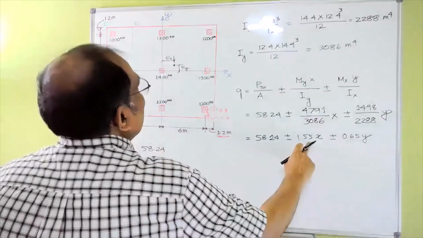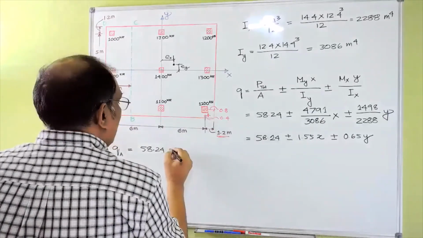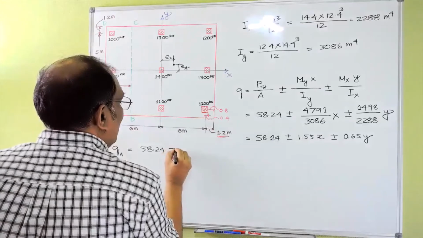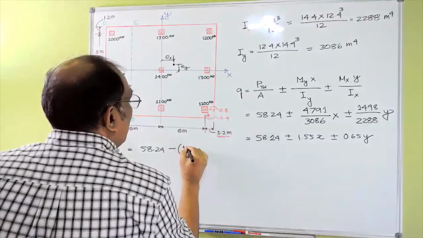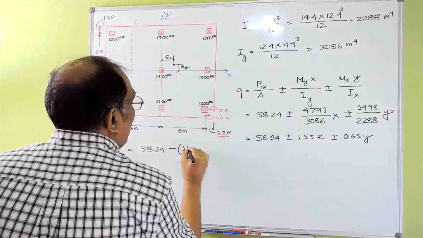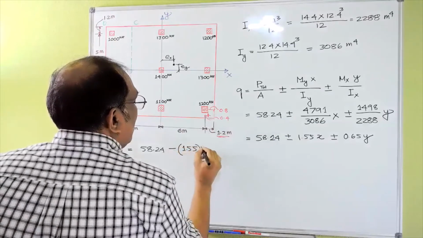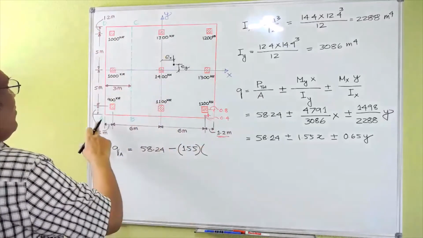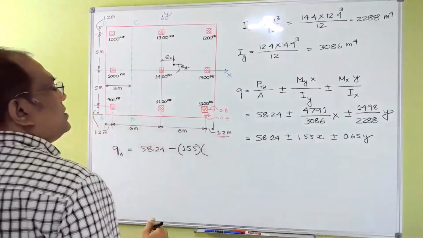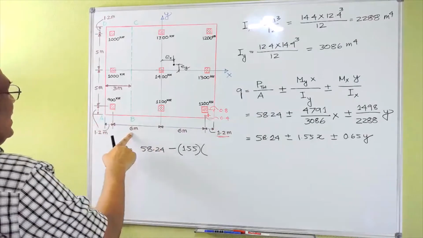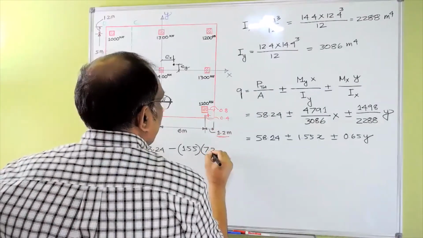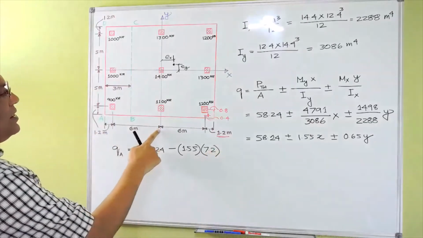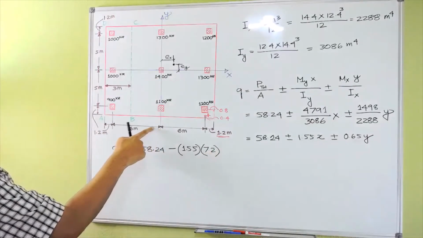X is negative, so that would be negative 1.55 into negative 7.2, for A, 6 plus 1.2, that's 7.2. You are measuring the distance from here to here.